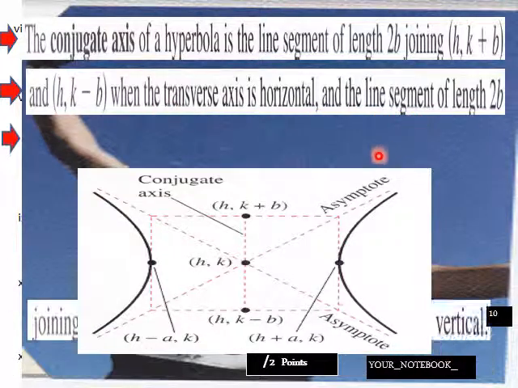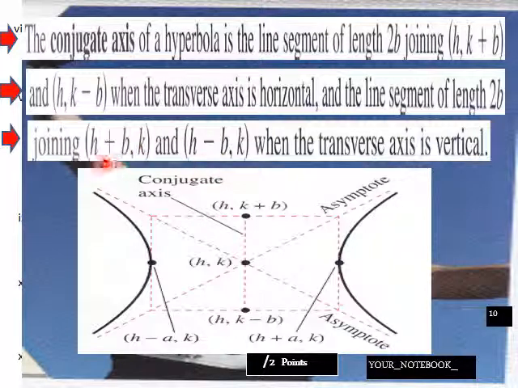When the transverse axis is vertical, the line segment of length 2b joins (h plus b, k) and (h minus b, k). So that would be this line here.